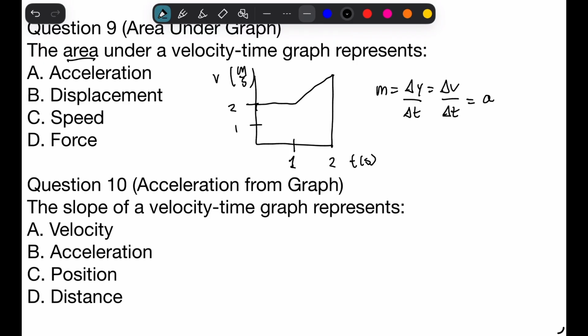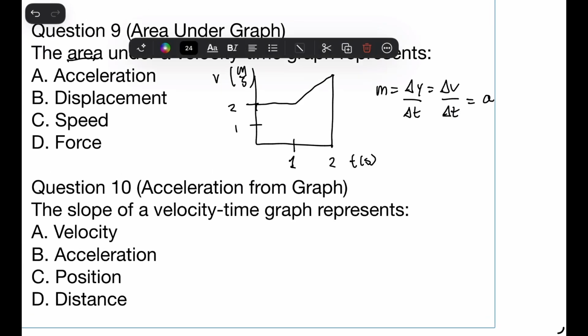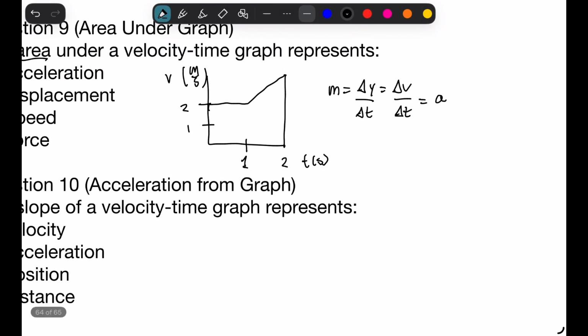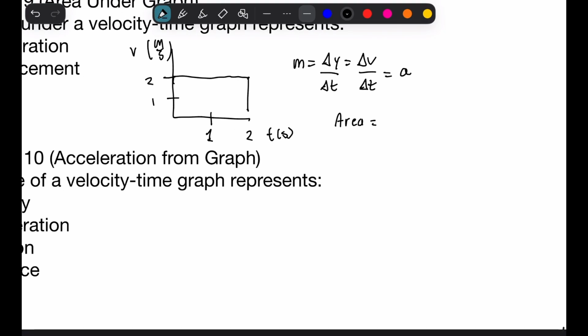Now, how are we going to find what this area under the curve is? Let's just make this a rectangle for now, to keep things simple. To find the area of a rectangle, that's going to be your base times your height. In this scenario, our base is going to be our time, and our height is going to be our velocity. Time is measured in seconds, and our velocity is measured in meters per second.